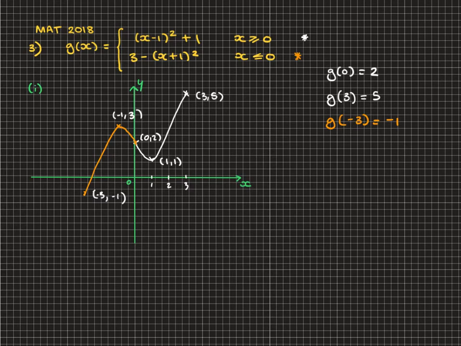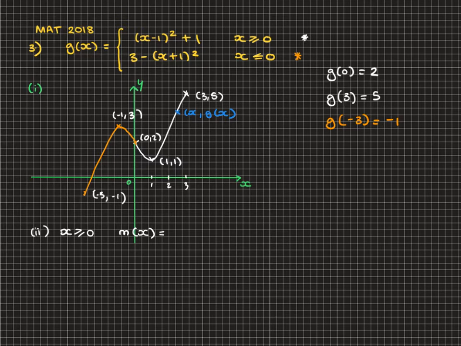So part 2 asks us to write down the expressions for m of x in the two cases. So x greater than or equal to 0. Now remember, m of x is equal to the gradient of the chord joining a point on the graph, which could be here, for instance, (x, g of x), and the point (0, g of 0).